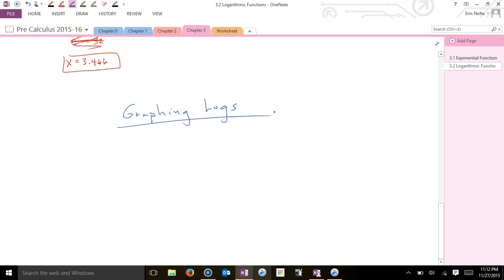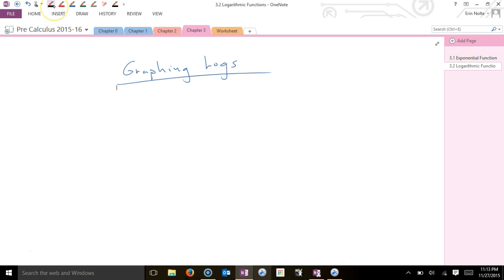It just has a different look. Remember at the very beginning of this, and probably more than once already, I've said, logs are what? The inverse of exponential functions.